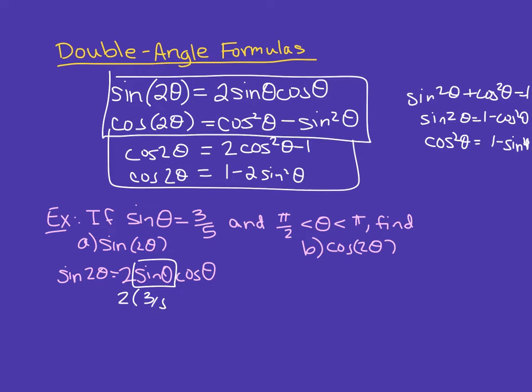So that's a start. We do not know cosine theta, but we can find it by using stuff that we've learned in previous sections. So the first thing that they tell us is that we are in the second quadrant. Remember, this is 0, this is pi over 2, and this is pi. So we're in the second quadrant, and we know that our sine is 3/5.